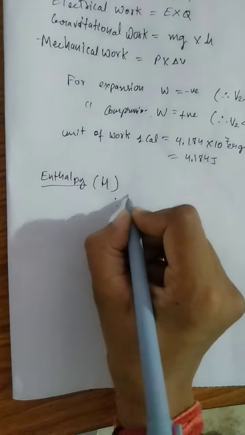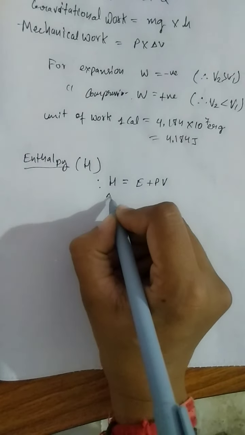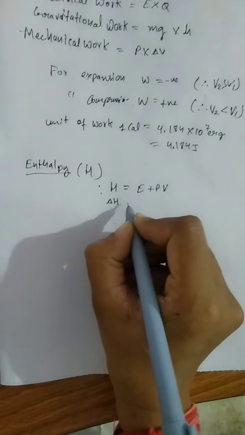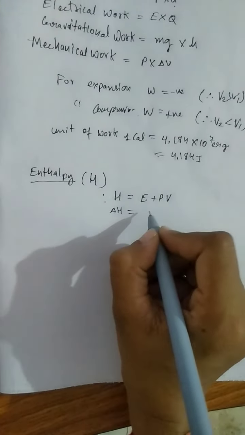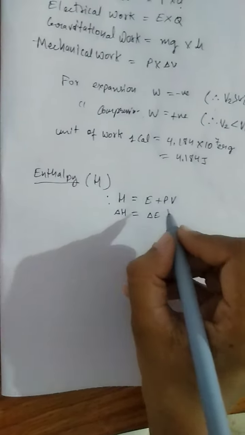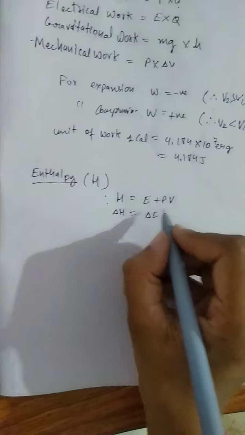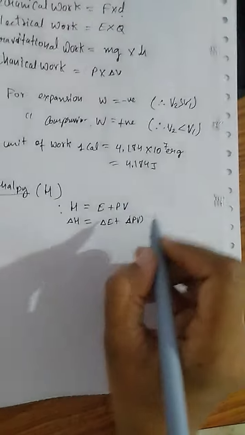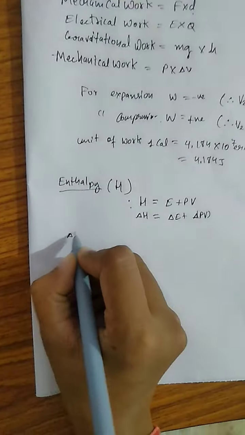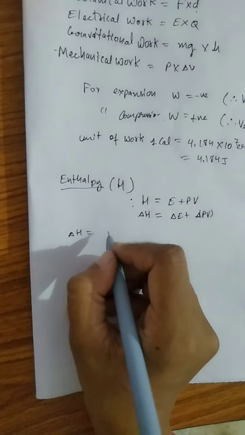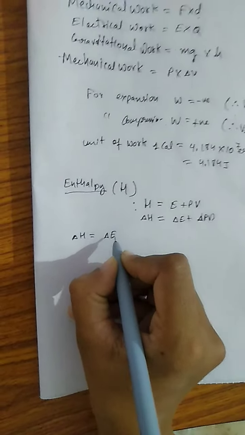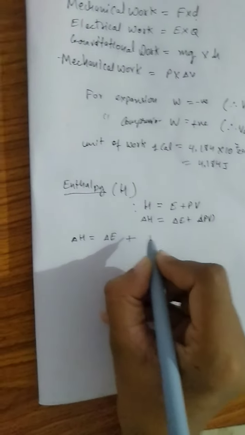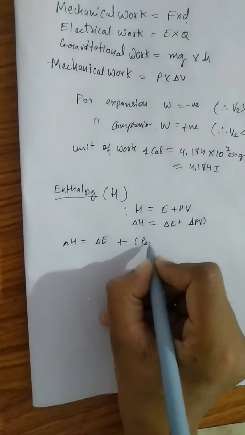H equal to E plus PV, and change in enthalpy delta H equal to delta E plus delta PV. Okay, then delta H equal to delta E plus P2 V2 minus P1 V1.